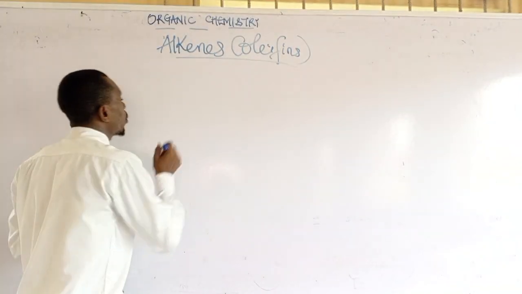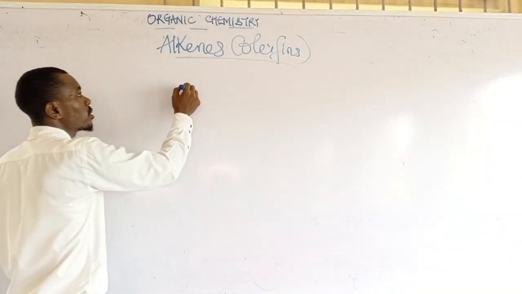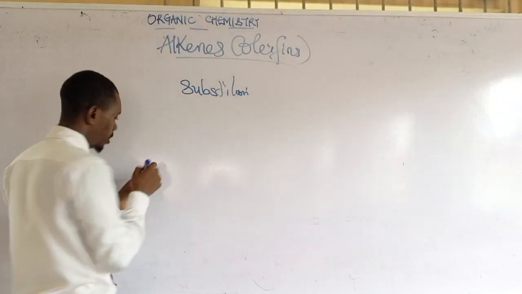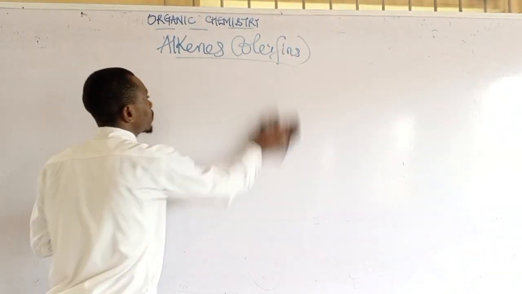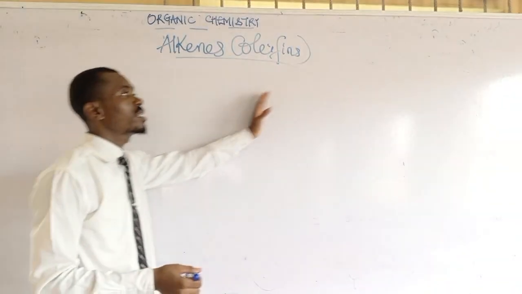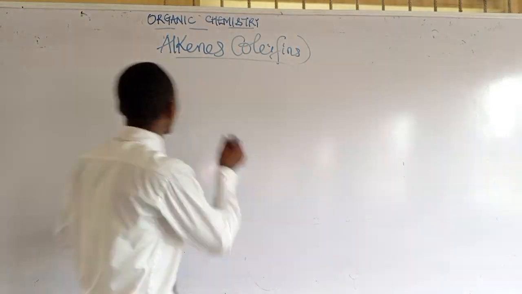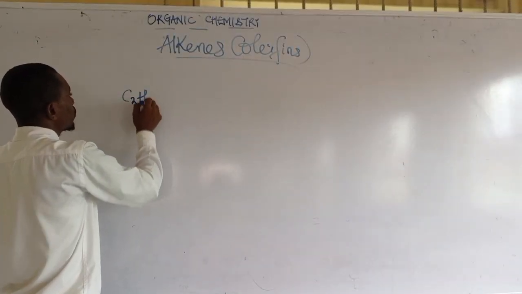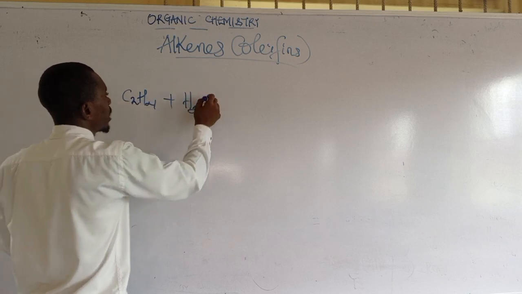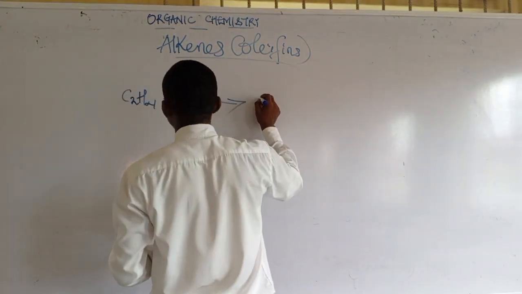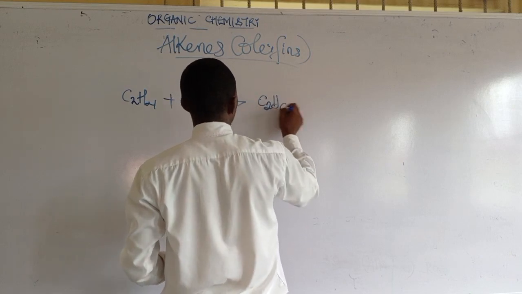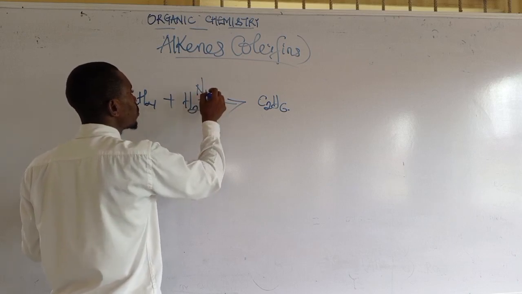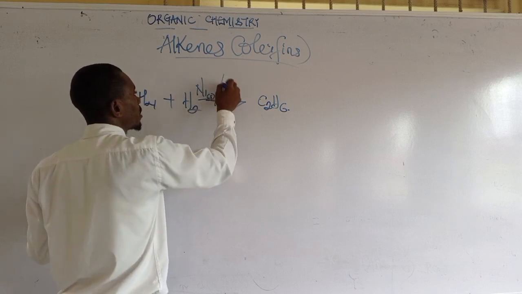But for their chemical properties, unlike methane that undergoes substitution reaction, these ones undergo addition reaction, which is a hallmark of every unsaturated compound. In their addition reactions, we have C2H4 combining with hydrogen gas to form C2H6, and the catalyst used is nickel granules or platinum.